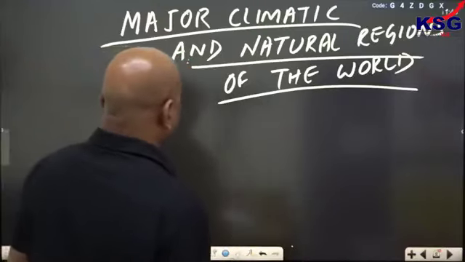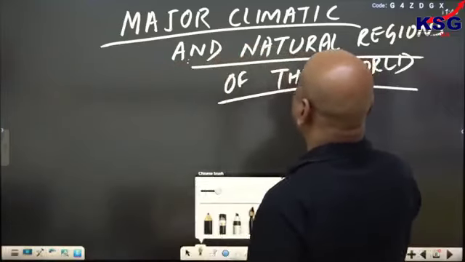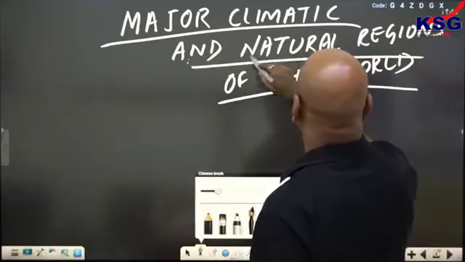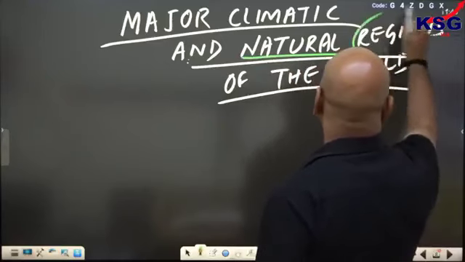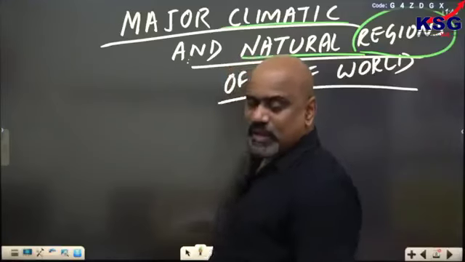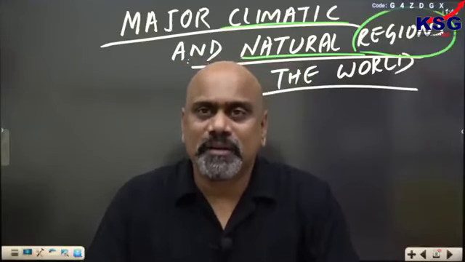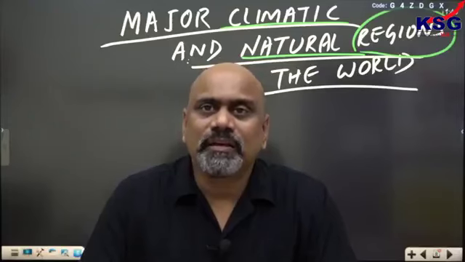Major climatic and natural regions of the world. Here you see I have given major climatic regions and natural regions. Climate, you know, average of weather condition for more than 30 years is known as climate. Weather क्या है?